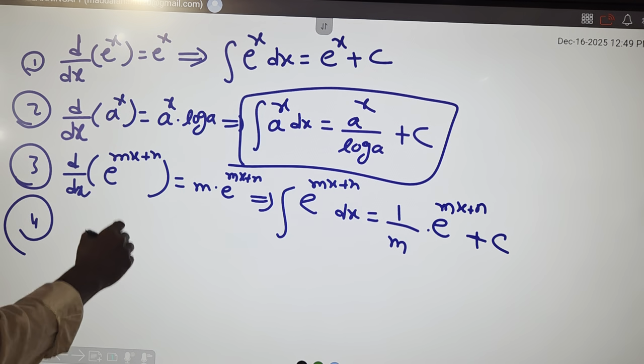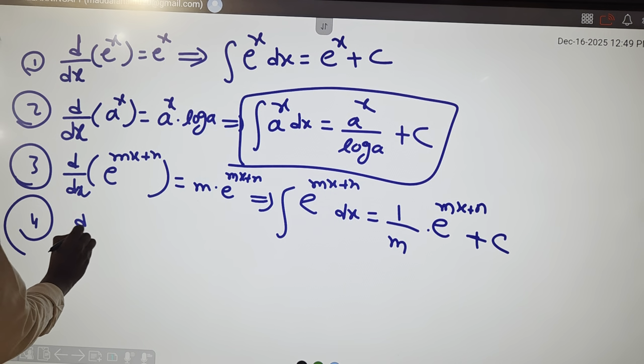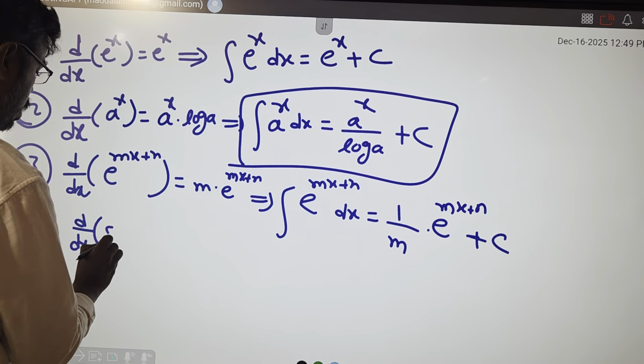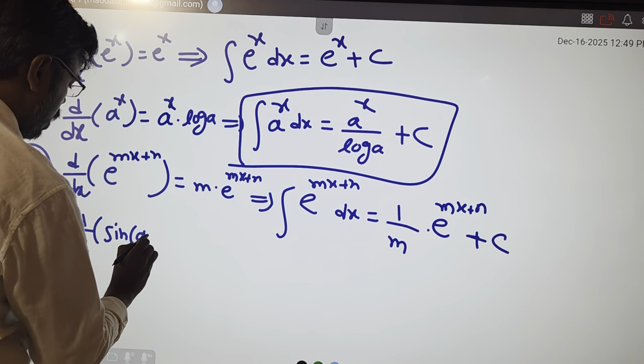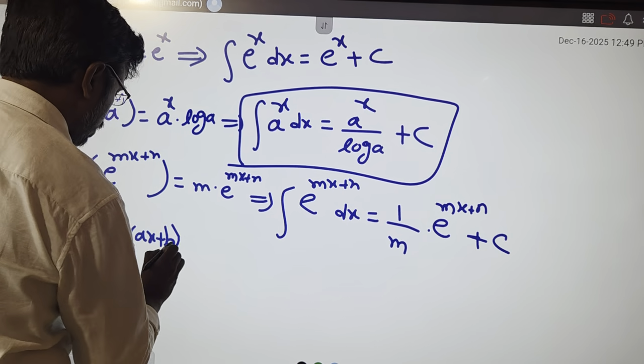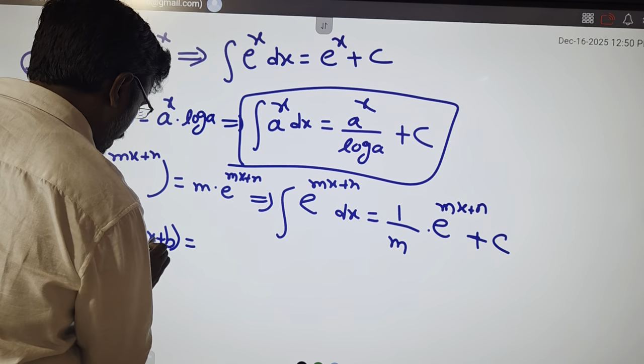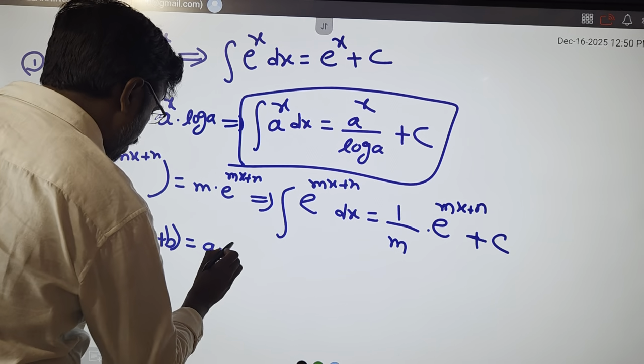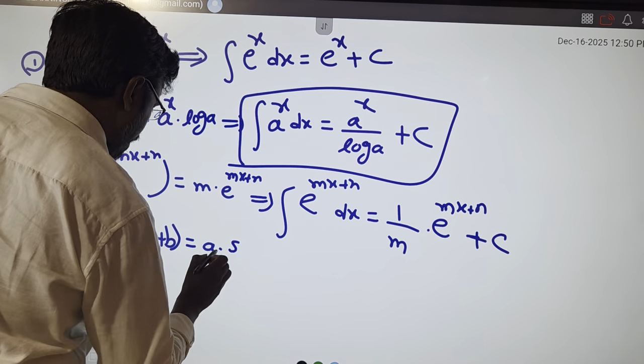Similarly, d by dx of sin of (ax+b) is equal to what?